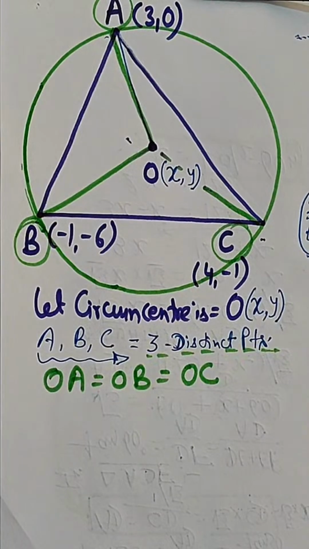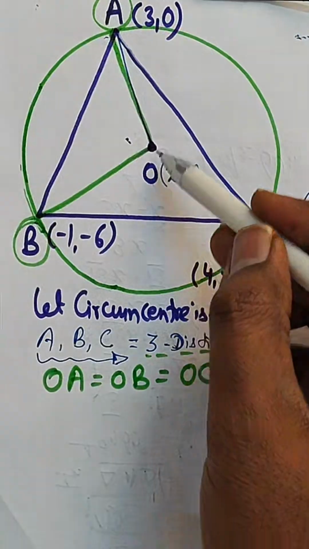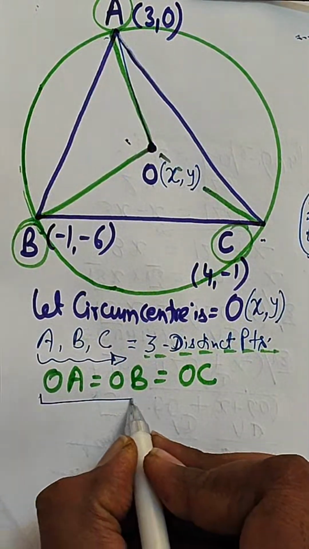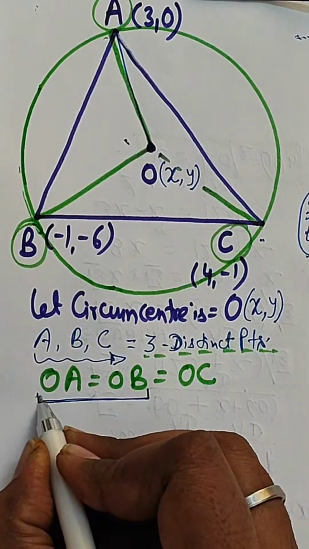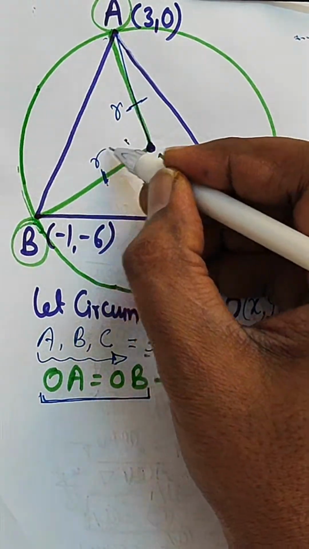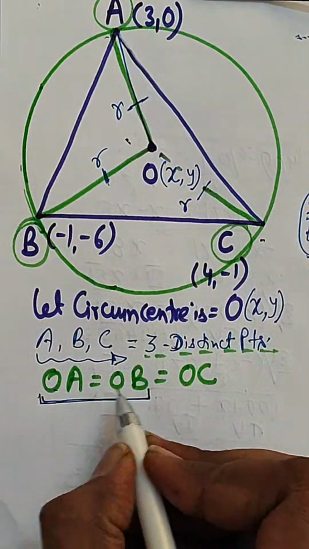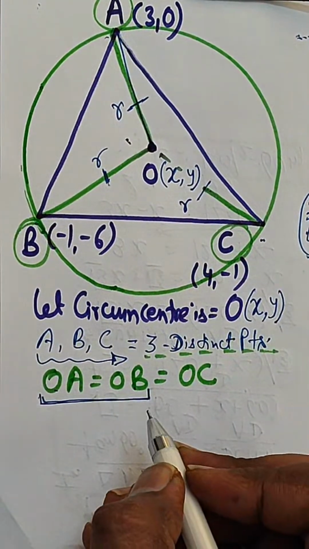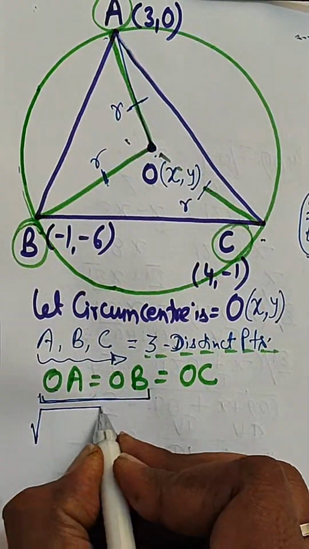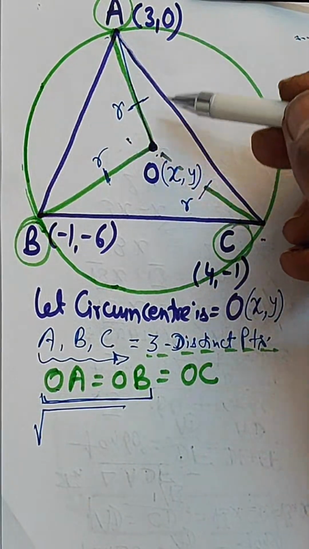So from here we see that if O is the circumcenter, then definitely OA is equal to OB equal to OC. So we will use the relation OA equal to OB, because both of these are the radius and they will be equal. Even OC is also a radius, right? So when OA is equal to OB, apply the distance formula. Then we get the length of OA, that is root over of x2 minus x1 whole square.